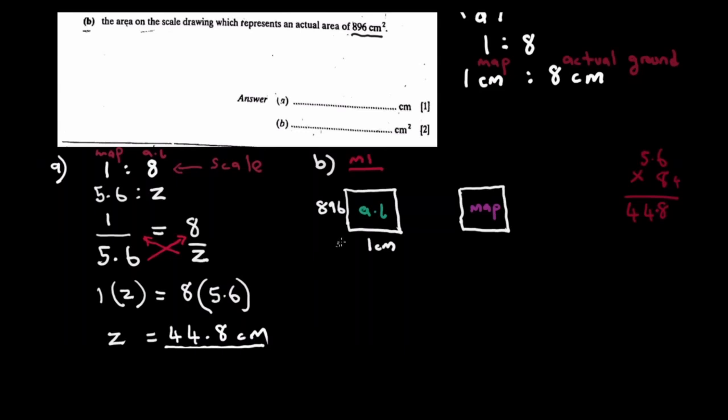So how will it appear on our map, having interpreted this area as 896 times 1? Because 896 centimeters times 1 centimeter, it is 896 centimeters square. So in order for us to find out how it will look like on the map, since already our question wants or demands the area on the scale drawing.